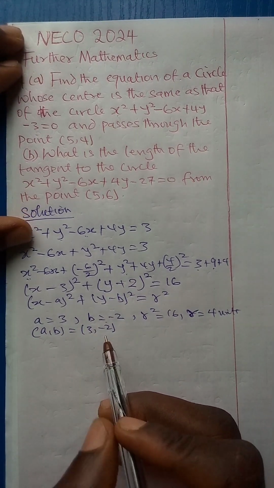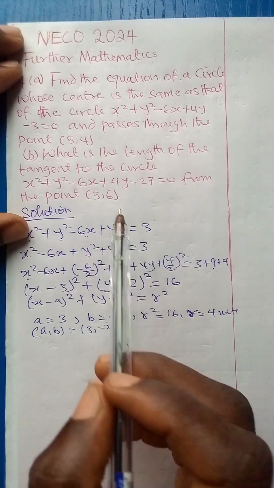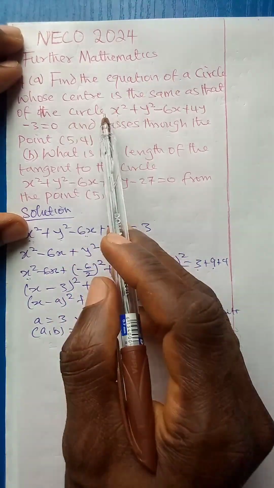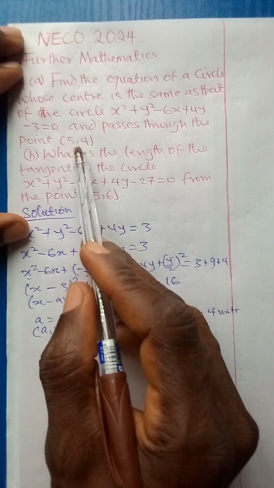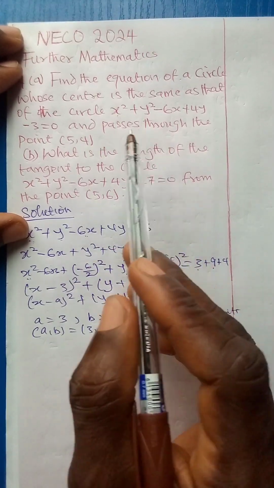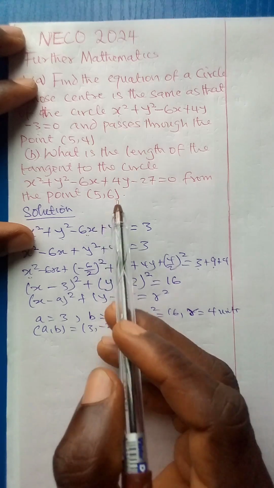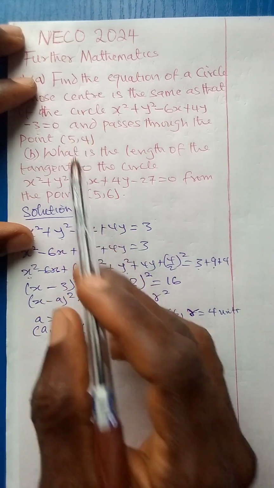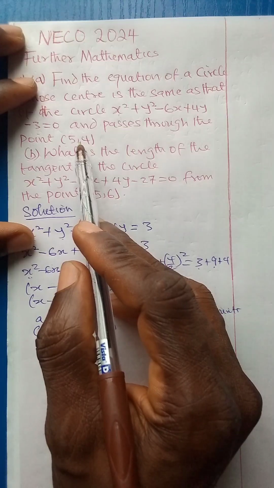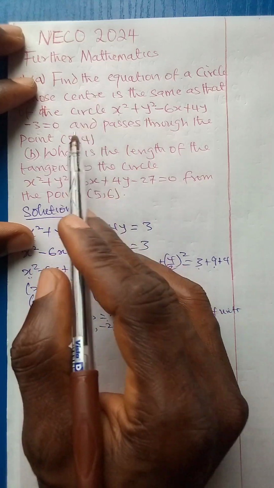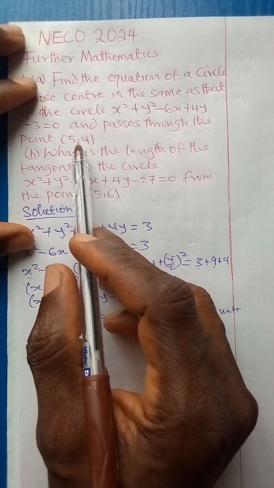Let's remember I said that the equation of the given circle and the other one that passes through this point are concentric, meaning they have the same center. That means that the other circle which passes through this point has this center point. So we are to find the equation of this other circle. And how can we do that?